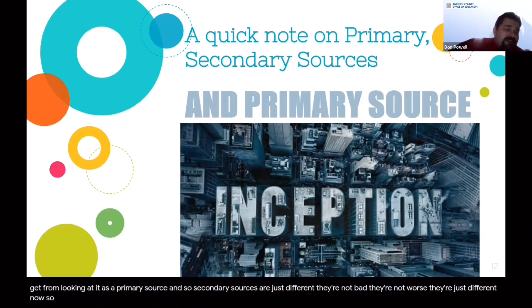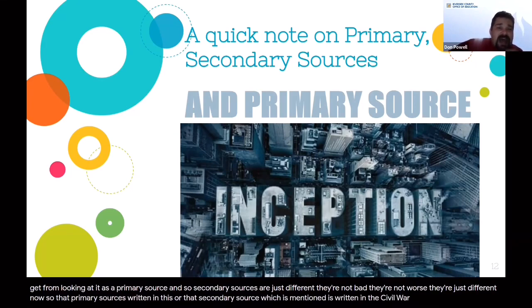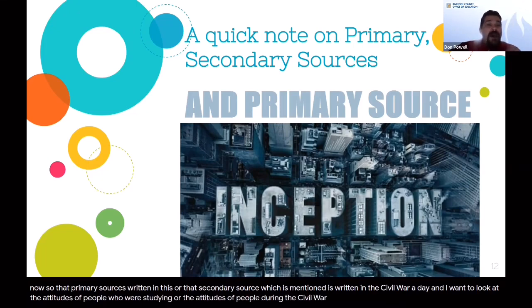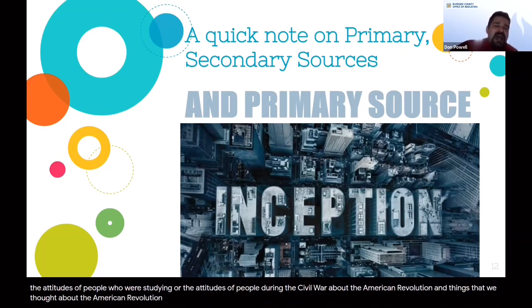Now, that secondary source we just mentioned was written during the Civil War. If I am an educator today and I want to look at the attitudes of people during the Civil War about the American Revolution, I could be looking at that book as a secondary source, right?